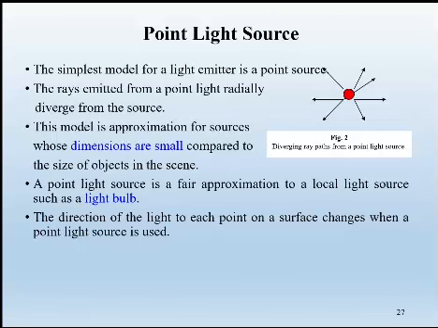This model is an approximation for sources whose dimensions are small compared to the size of objects in the scene. A point light source is a fair approximation to a local light source such as a light bulb.